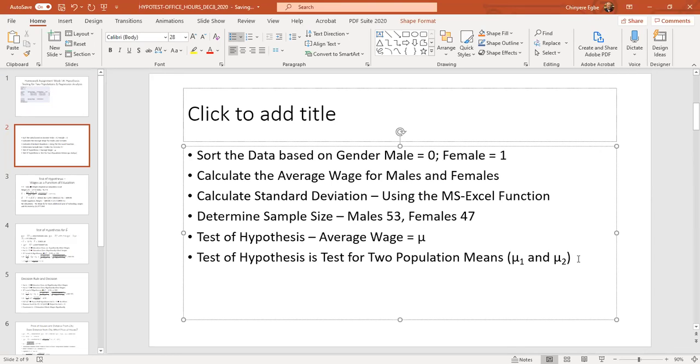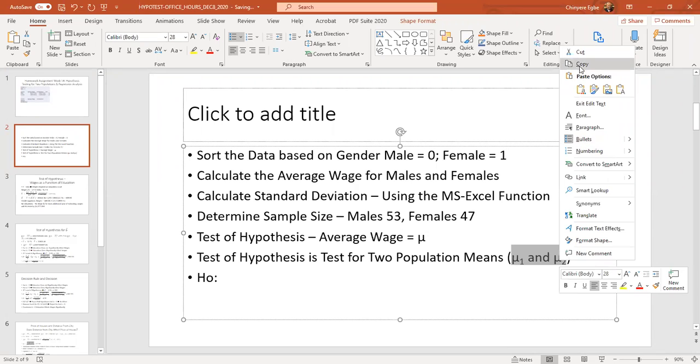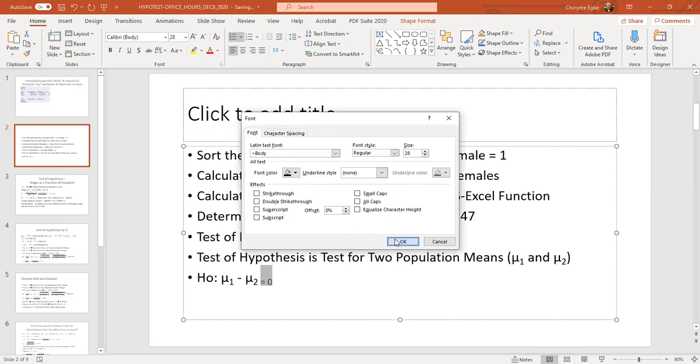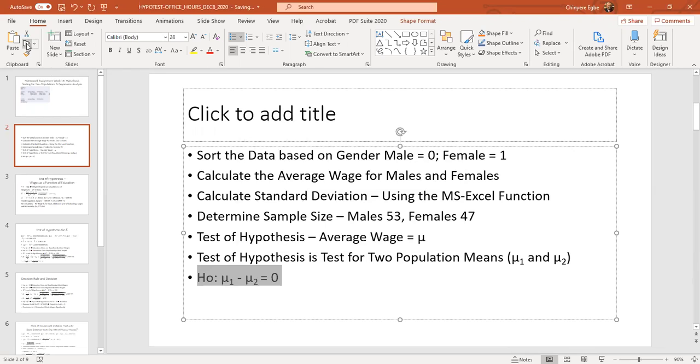Yeah, so we're looking at test of hypothesis, and your null hypothesis will be that mu1 minus mu2 equals 0, and the alternate hypothesis is that mu1 minus mu2 is not equal to 0.